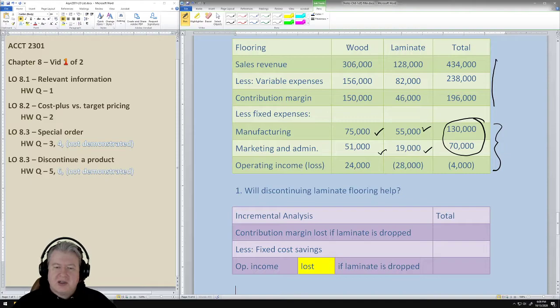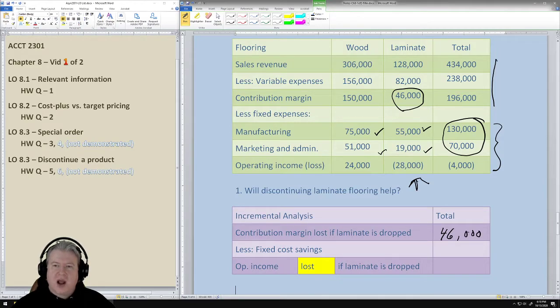So the question is, will discontinuing laminate flooring help? Most people initially just go here and say, oh, it's losing money, and I'm going to discontinue it. So the way to do it is we do incremental analysis, and we say, okay, how much margin would be lost? In other words, it's generating this amount of margin right now, so we would lose 46,000.